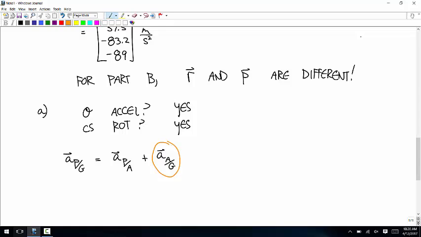This is just circular motion of A. In order to calculate the acceleration of P relative to A, we're going to have to use the rotating coordinate system equation.